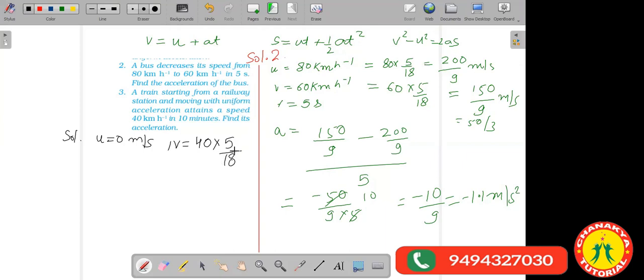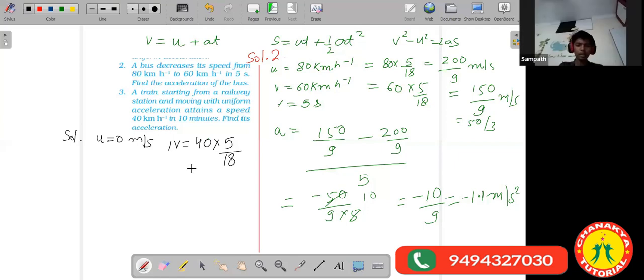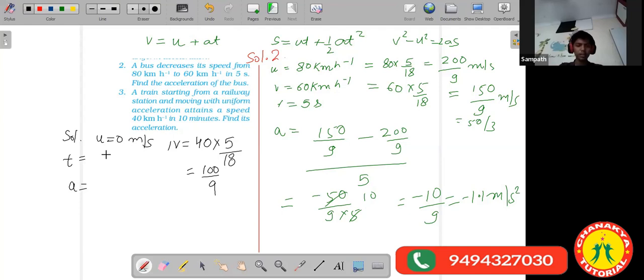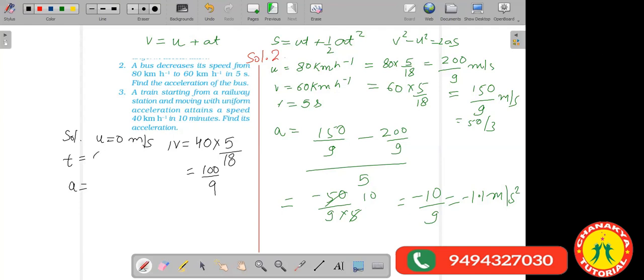Hence we get here 100 by 9. Now, the acceleration will be given by v minus u over t. But what's the value of time here? Sir, 600 seconds. Time? 600 seconds. You will be taking everything in SI system of units. So it would be 600 seconds.